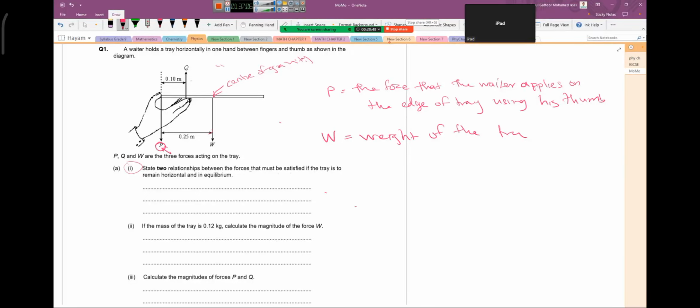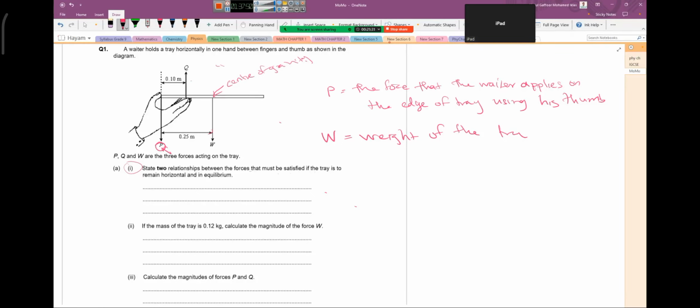What is the pivot? Can you identify the pivot on this diagram? No, the pivot is not the center of gravity. If the tray falls, about which point will it fall? He is bearing the tray on the rest of his fingers. If he releases his thumb, the tray will fall about the point where he is bearing the tray using the rest of his fingers.